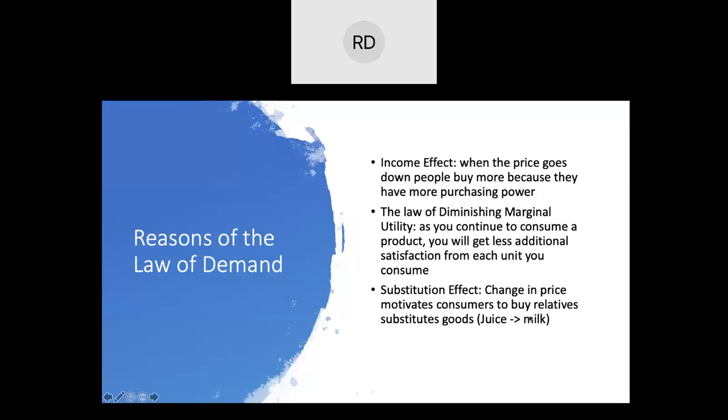Well, I won't buy one orange juice for $10, right? Then I'm going to shift and buy milk or any other drink, but I won't spend $10 for one orange juice. That's way too much. And this is what the substitution effect says.